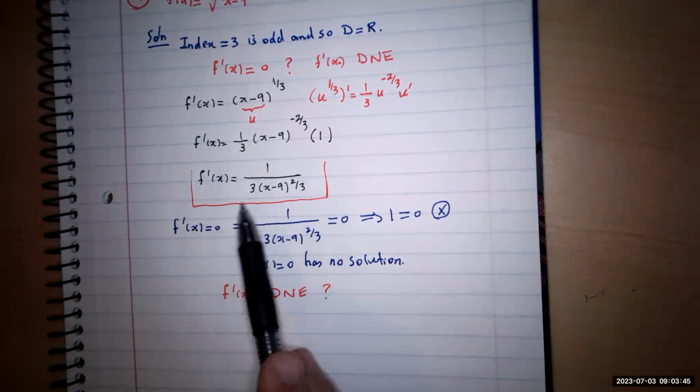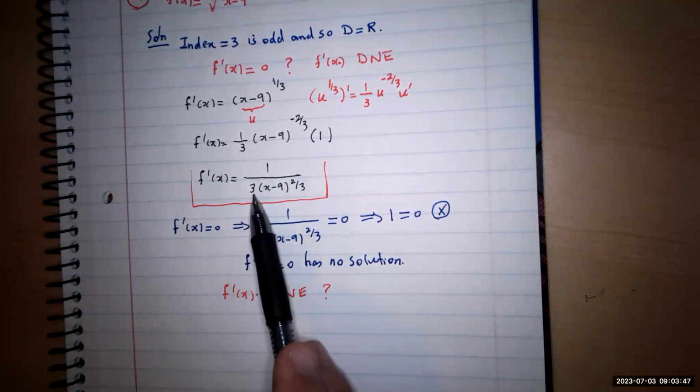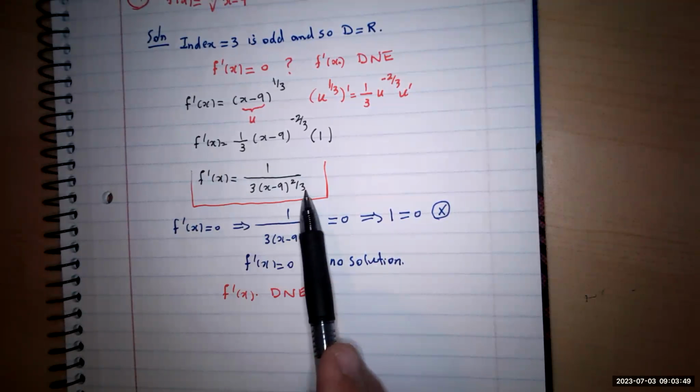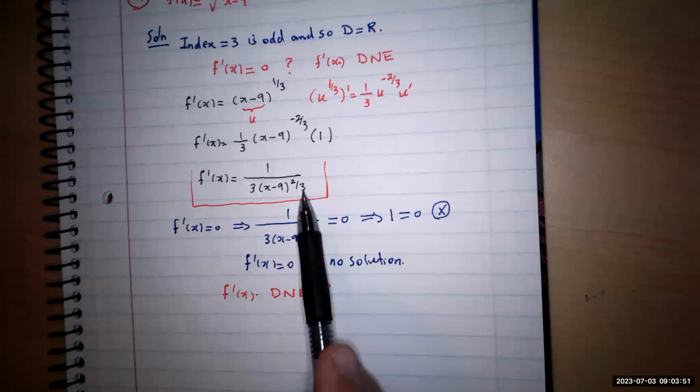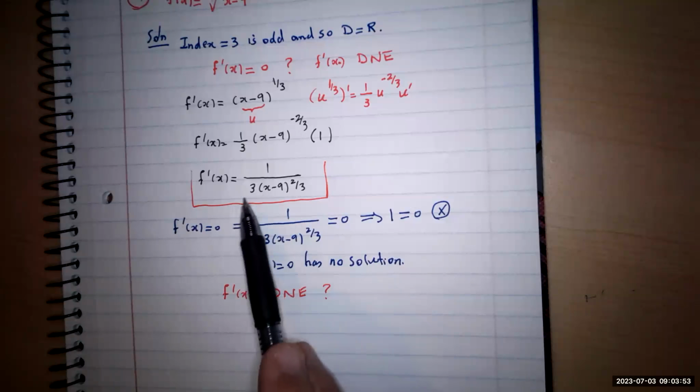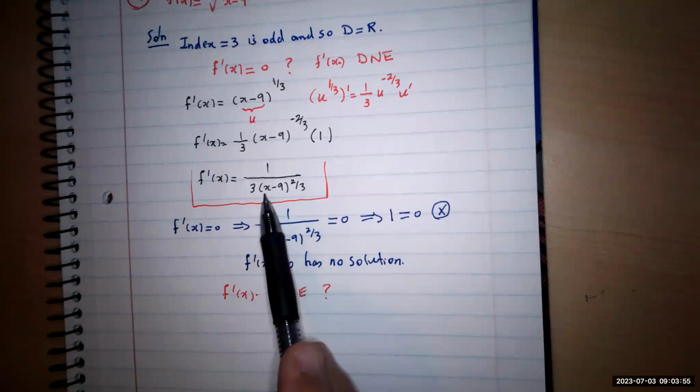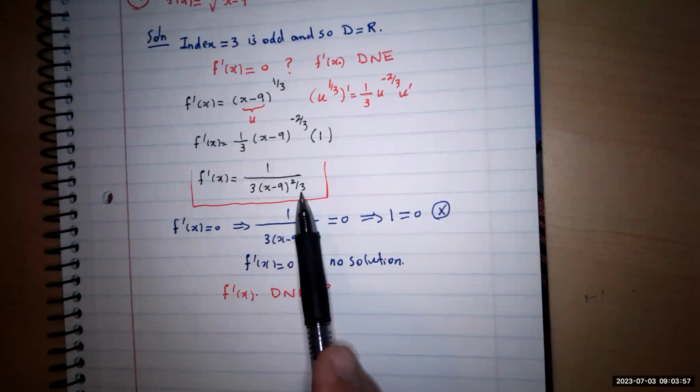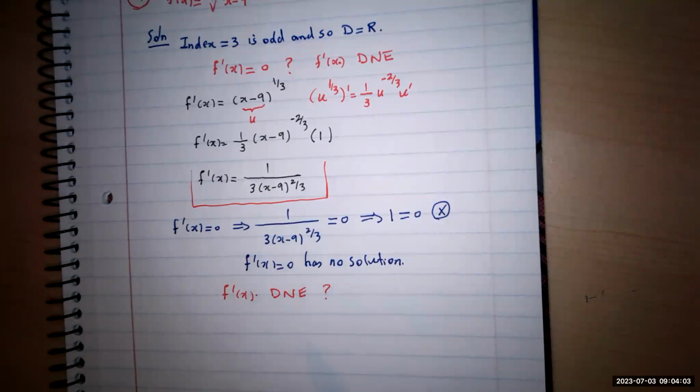Can you give us a value of x that makes this denominator equal to 0? For what value of x would this denominator be 0? Any suggestion? Give us a number. 9. Excellent, it's 9, very good, yes, it's 9.